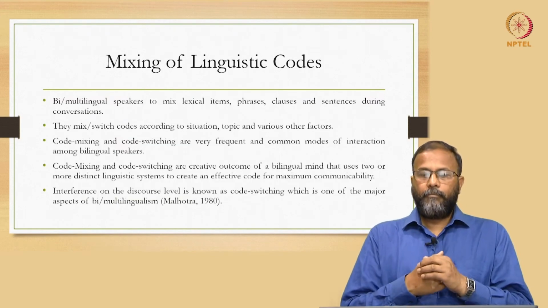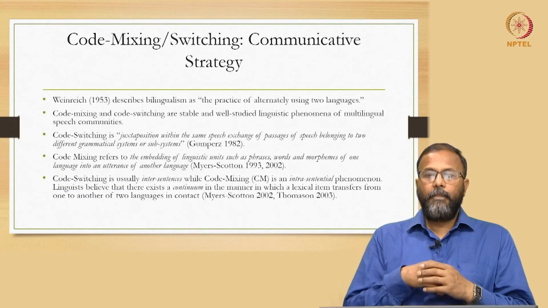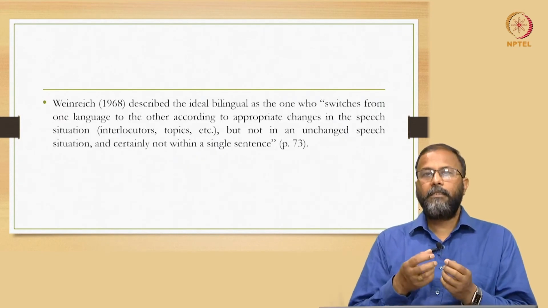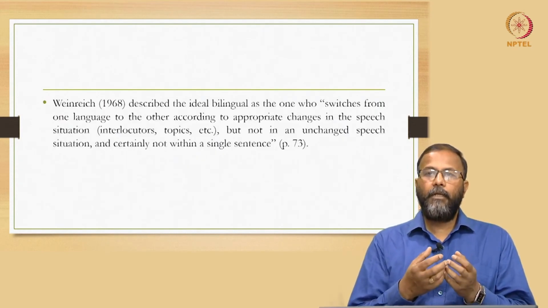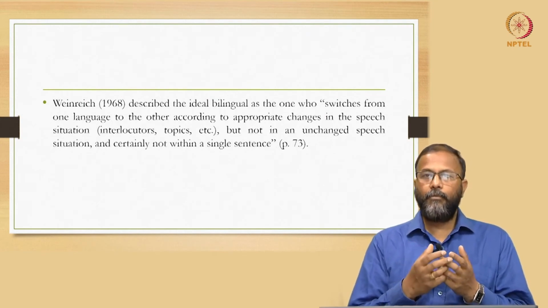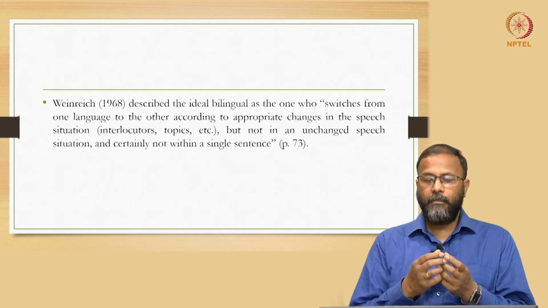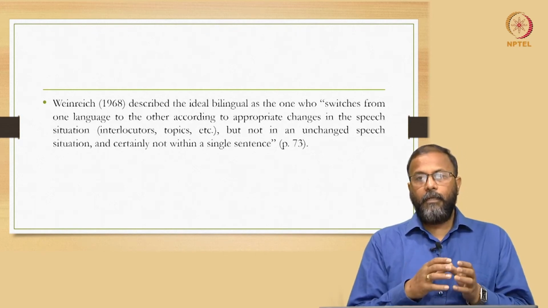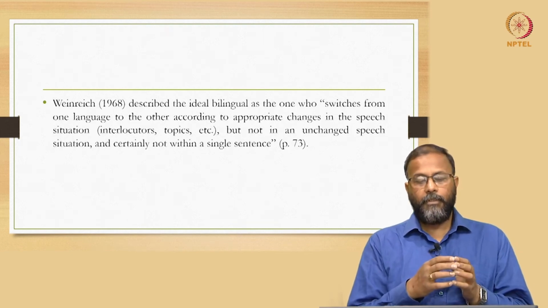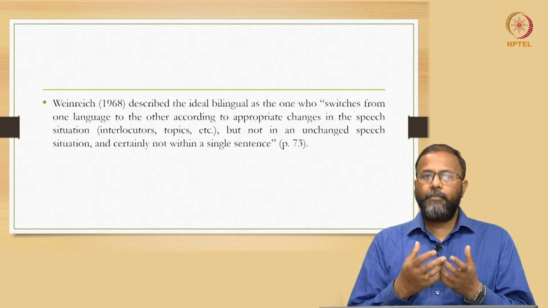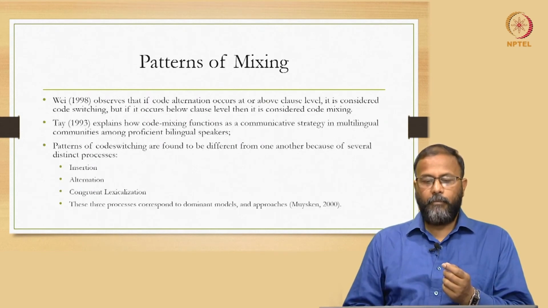Okay, then moving on, Weinreich 1968 described ideal bilingual as one who switches from one language to the other according to appropriate changes in speech situation, but not in an unchanged speech situation, and certainly not within a single sentence, right. These are different theoretical descriptions that people have come up with.